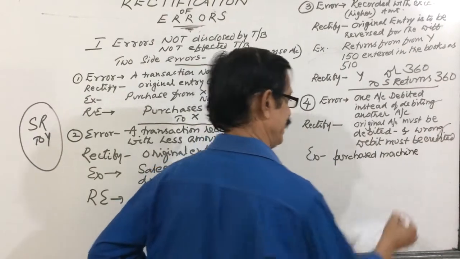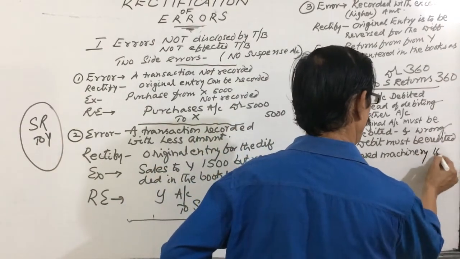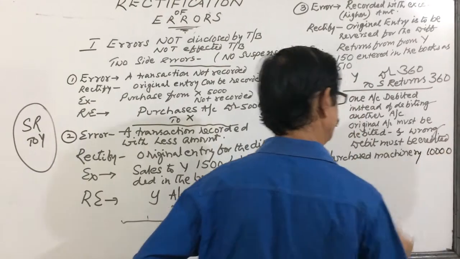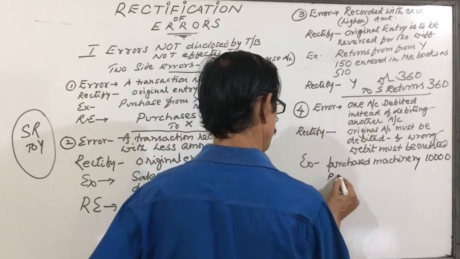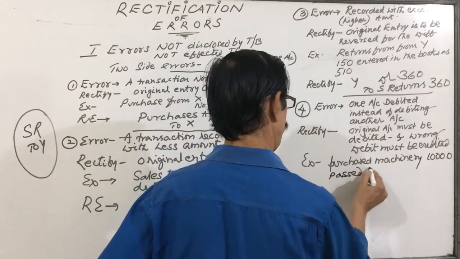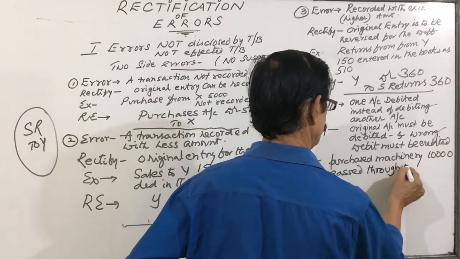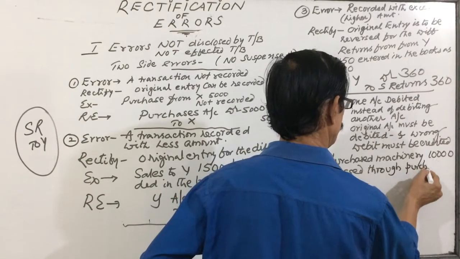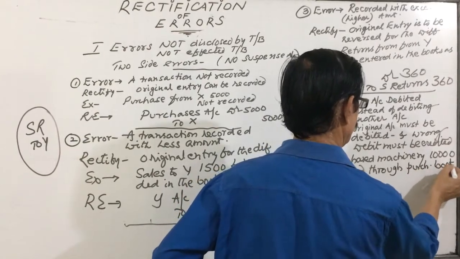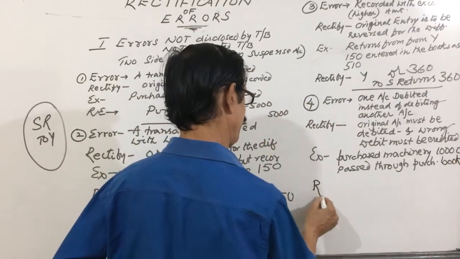Purchase machinery, 1,000 rupees or 10,000, passed through the purchases book. Now the rectifying entry.